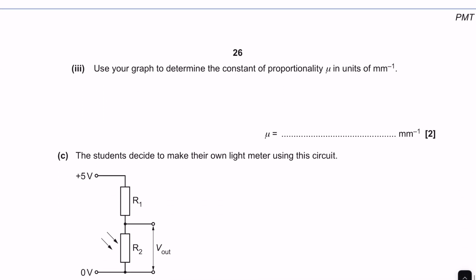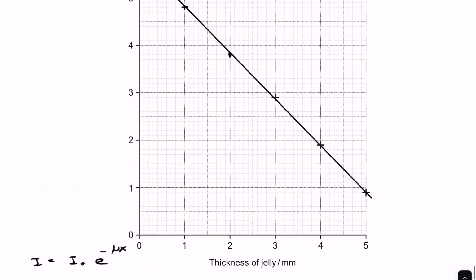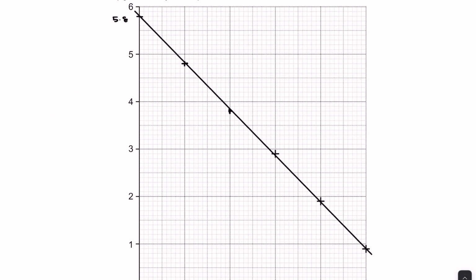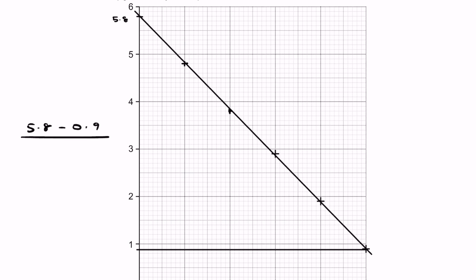For the next part, we have to use a graph to determine the constant of proportionality mu in units of per millimeters. Okay, so let's go up and work out the gradient of the line, and that is going to be our change in y, which is 5.8 minus 0.9, and the change in x will be just 5.